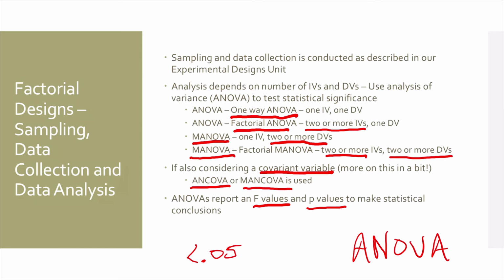And I think by looking at these articles, what we'll see is examples of these different types of designs that all fall under the category of factorial design, and drive home the meaning of these different types of statistical analyses that are performed within factorial designs.